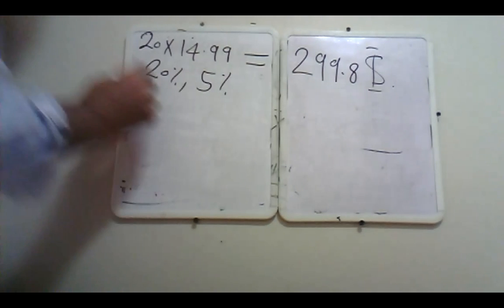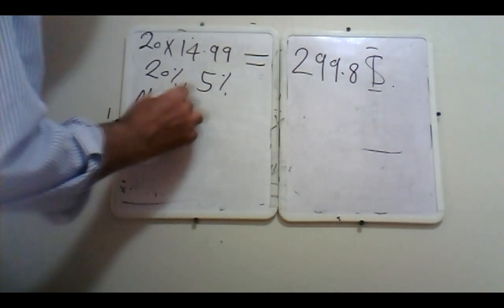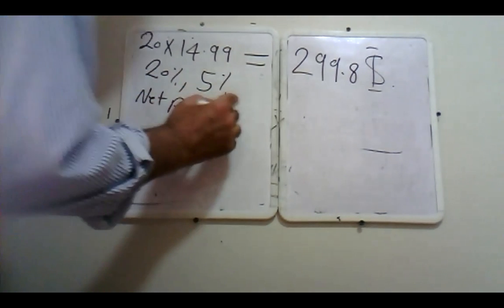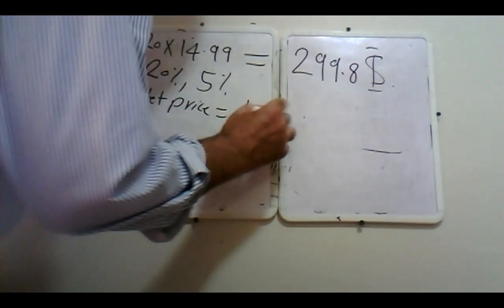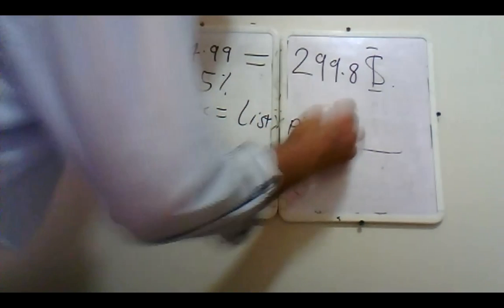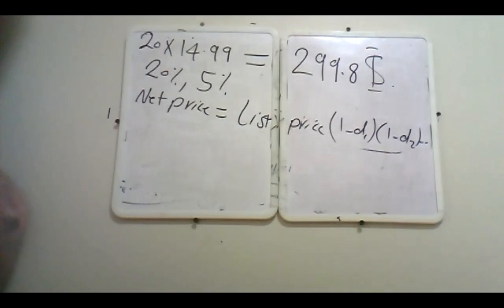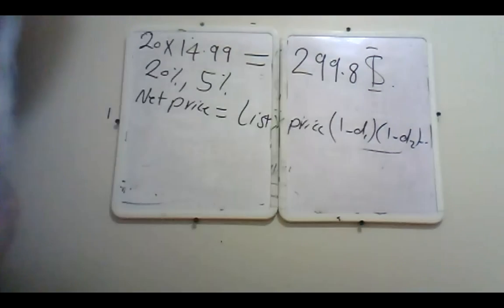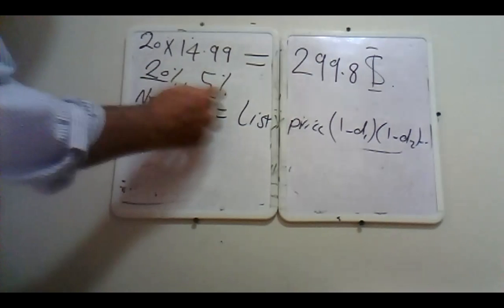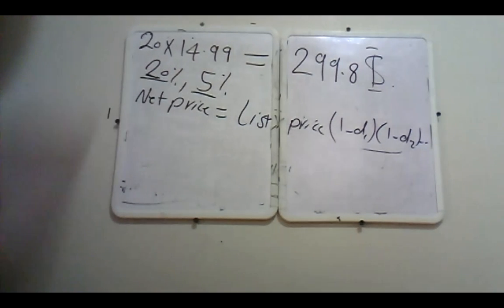And the solution here is that the net price will equal the list price multiplied by 1 minus D1, multiplied by 1 minus D2, etc. So I have two discounts: D1 is 20% and D2 is 5%.